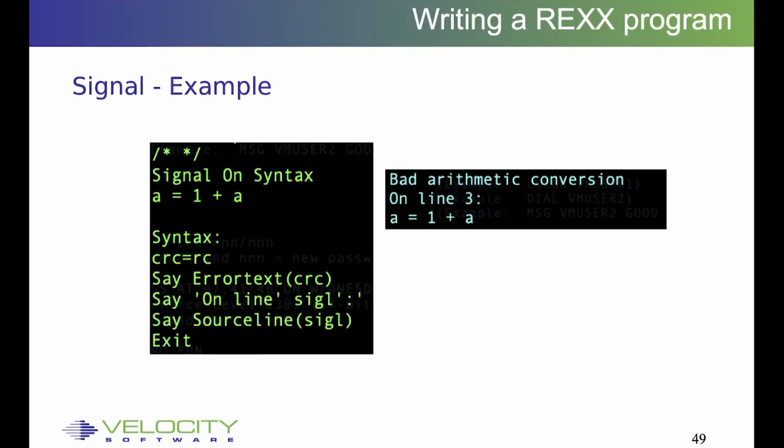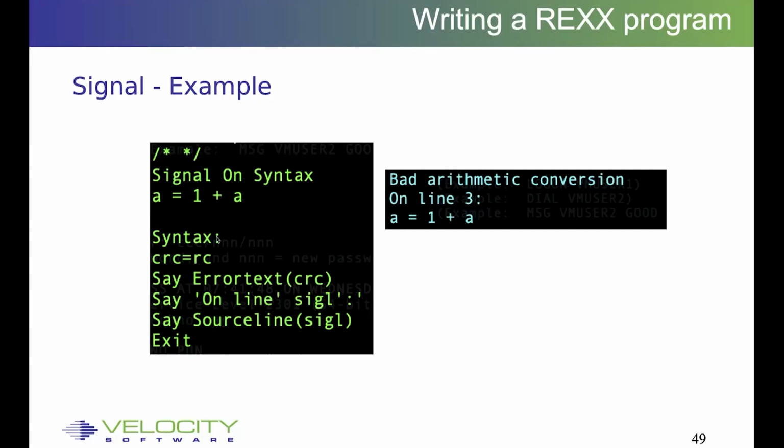And here I have an example. So signal on syntax allows us to catch an interpretation error. This could be bad data. There are a number of different reasons why syntax would be called.